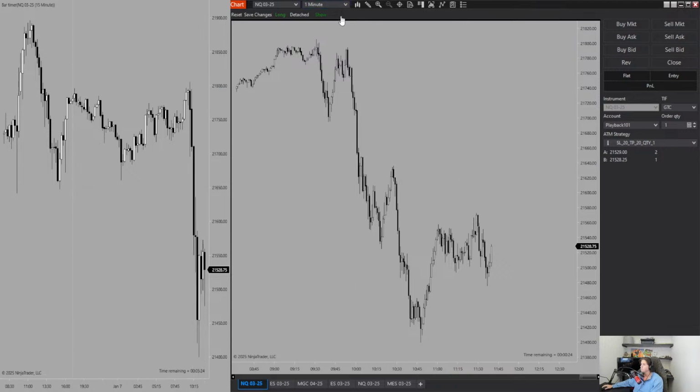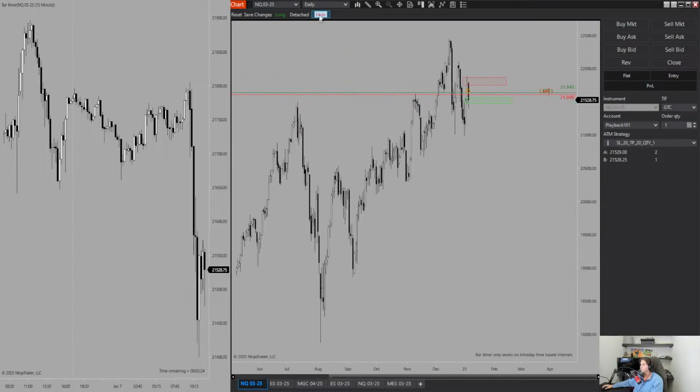Start off just backtesting price action and market structure.